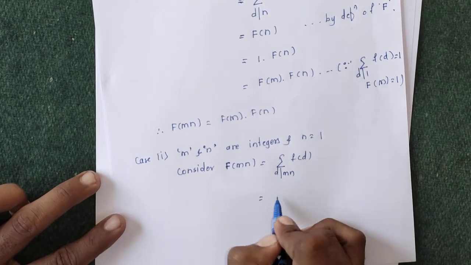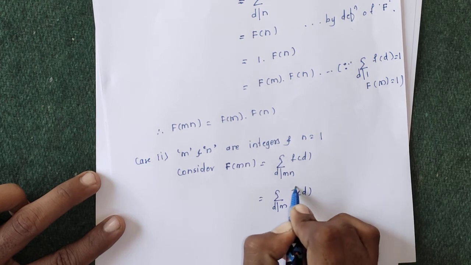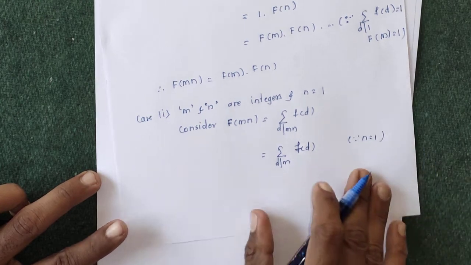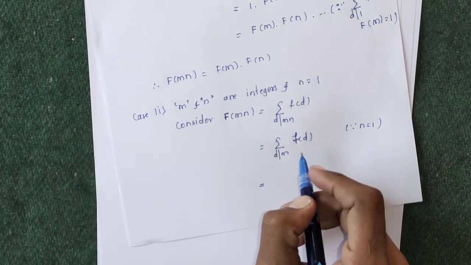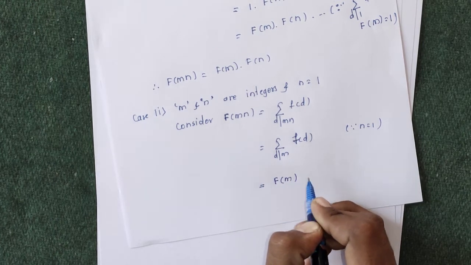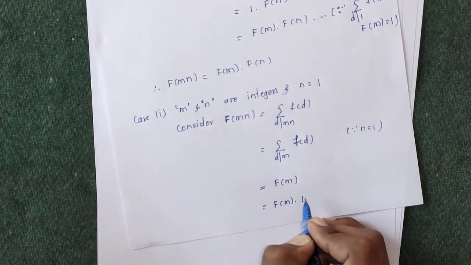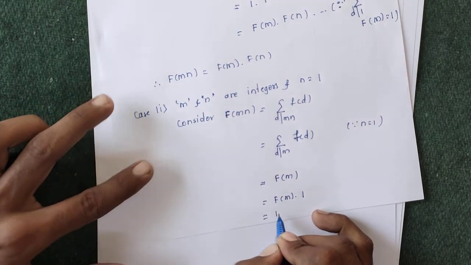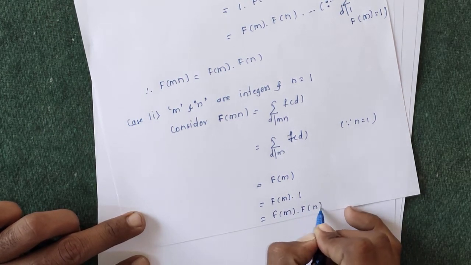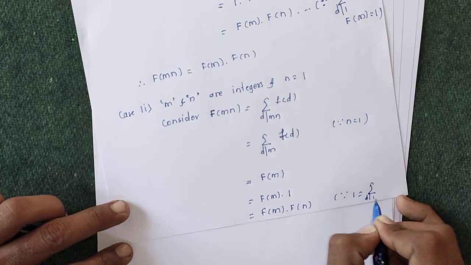Now n is equal to 1, so I can write it as the summation over d dividing m of small f of d, since n is equal to 1. So this is just the definition of capital F of m. Now I can write it as capital F of m into 1, and you can write this as capital F of m into capital F of n, since 1 is equal to the summation of f of d over the divisors of 1.